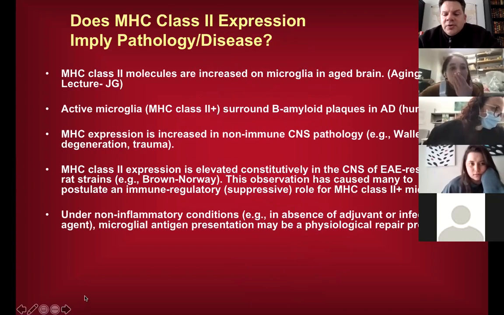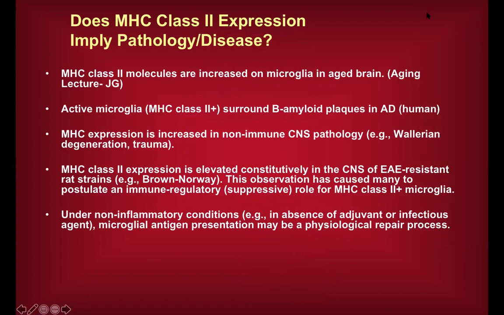Okay, so just a little side note here. Does MHC represent pathology? We'll talk about MHC being increased on microglia with age, and we'll talk a little bit about what that means or what that represents. We know that these MHC2 positive microglia also are the ones that surround the beta amyloid plaques in humans and in rodent models.